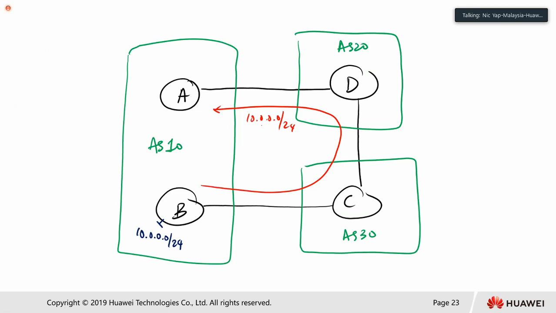So, any answer? Can router A accept or not? Yes or no?